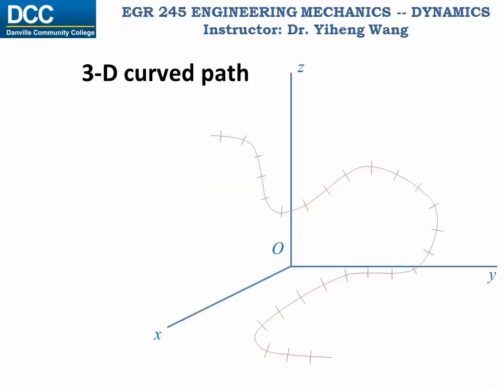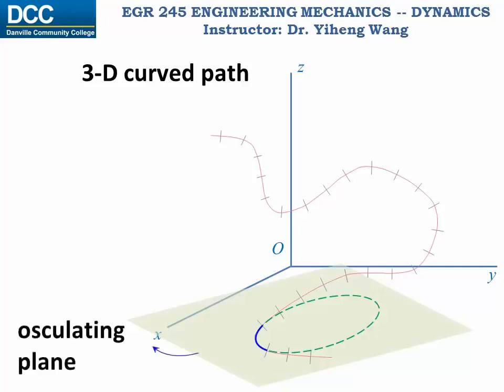The next small segment of the path can also be approximated by another arc that belongs to another circle that falls into another 2D plane. And for another segment, again, it can be approximated by an arc that belongs to a circle that falls in yet a different 2D plane.